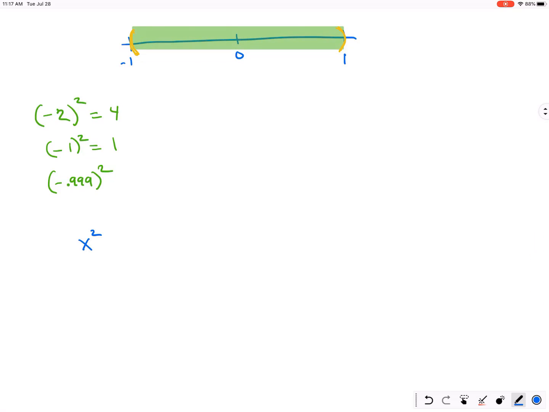Okay, so let's take x squared less than 1 and let's do something wrong. So this is not good. A common mistake that gets made is I say, well, that's the same as x less than plus or minus 1.